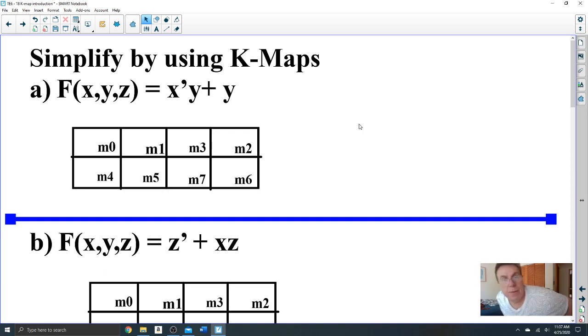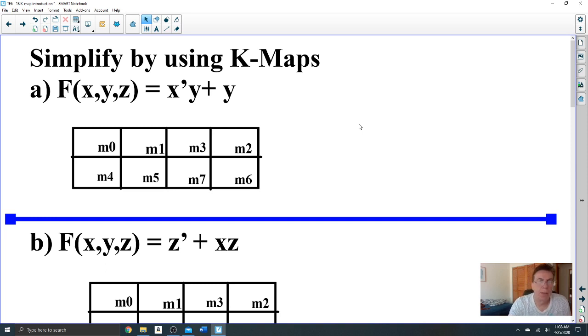Now, in the previous examples, we had a function in the form of a sum of minterms, and we could just transfer the minterms into the map and group them and solve it. Now there's a problem here. We have a function in the form of an algebraic equation. We can also transfer this function into the KMAP and see if this function can be simplified.